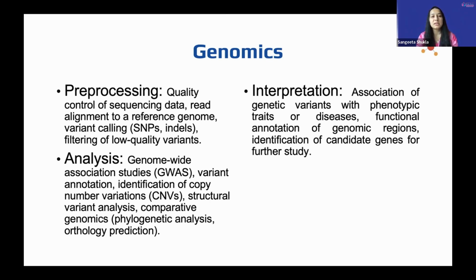Essentially, genomics analysis is all about getting your sequencing data, running quality control of that, and then using the reads and aligning them to a reference genome, and variant calling, which is essentially what we talked about earlier, the basis of all of the NGS analysis pipeline.